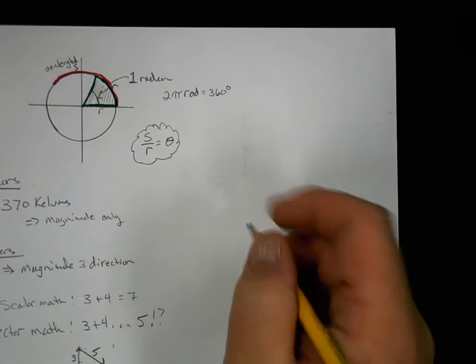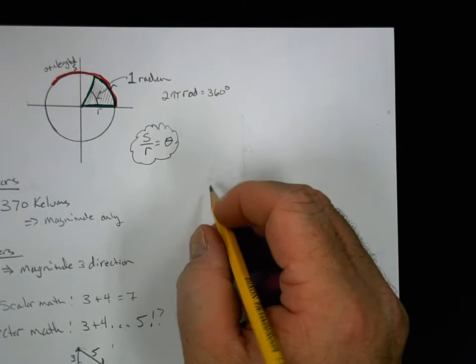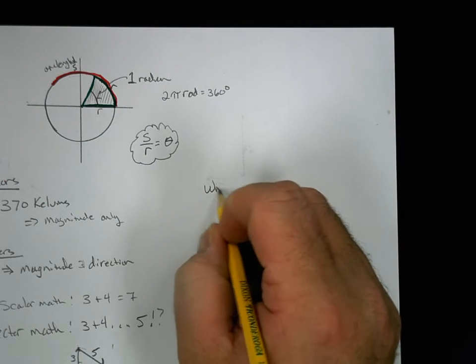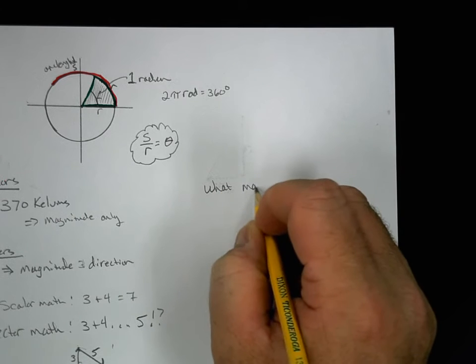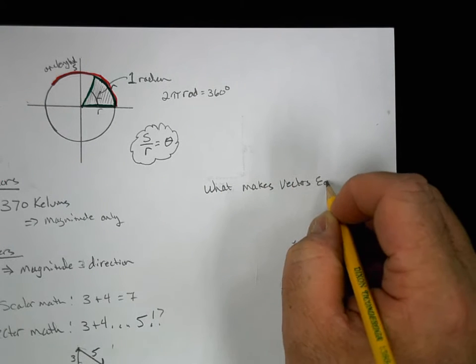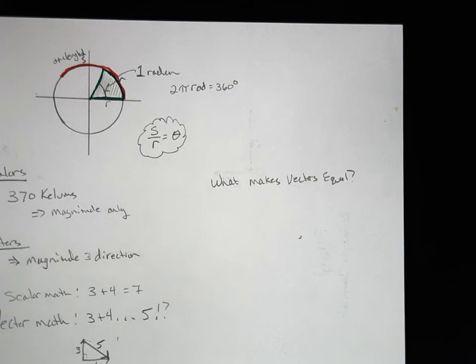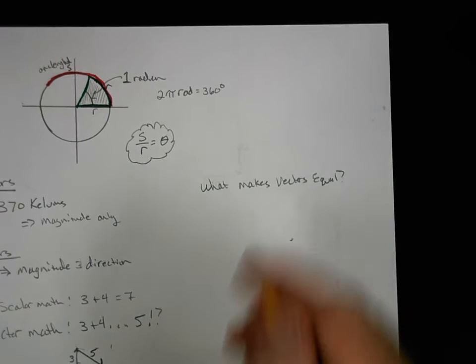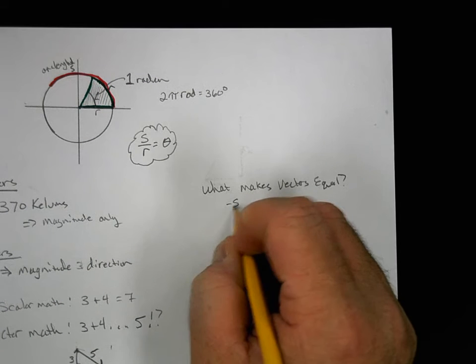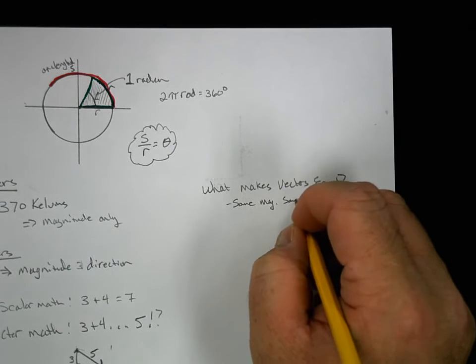So what makes vectors equal anyway? Well, vectors have to have the same magnitude and the same direction. Same magnitude, same direction.